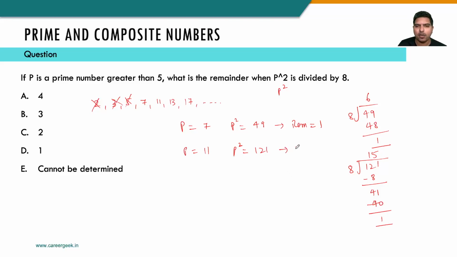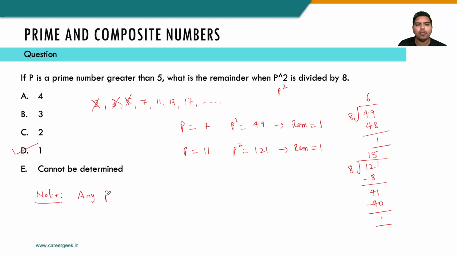Again, remainder is 1. So this is good enough to check that the remainder is always 1. You can make a note, this is a bit on the higher level.